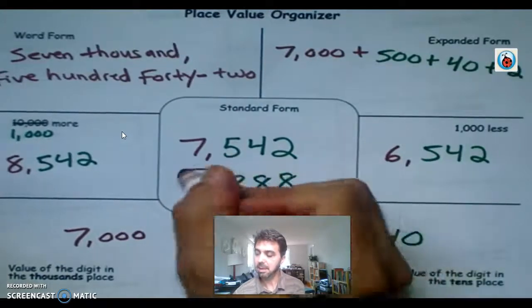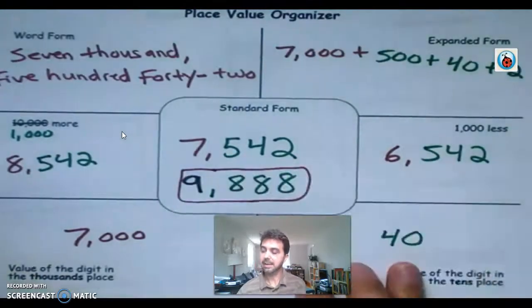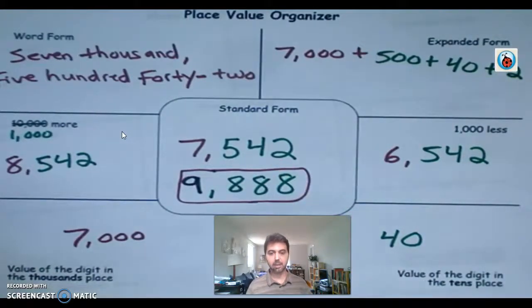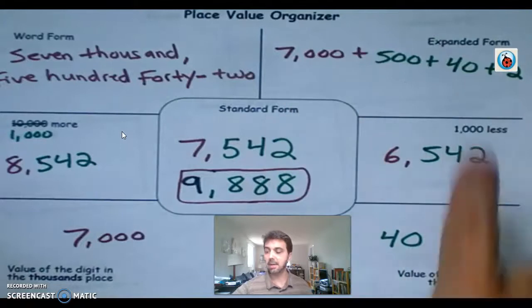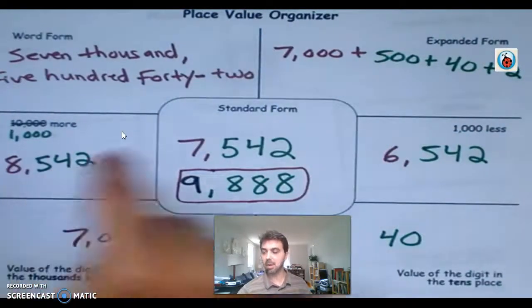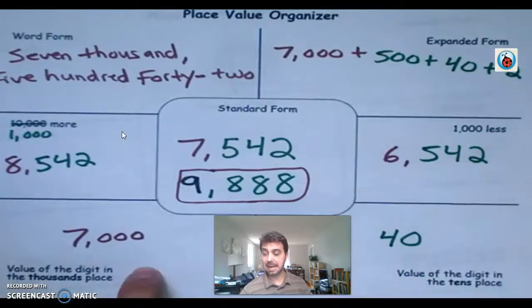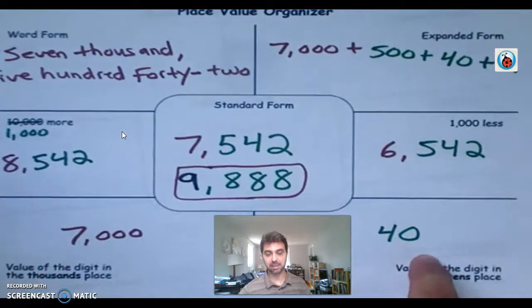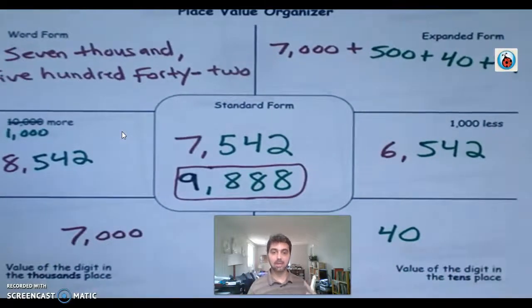So this number you will write into your place value graphic organizer, okay? And you will do it the same way that I just did the other ones. You'll do it in word form, expanded form, 1,000 more, 1,000 less, the value of the digit in the thousands place, and the value of the digit in the tens place. If you need to review that, you can watch the video again. All right? Have fun, and I'll talk to you soon.